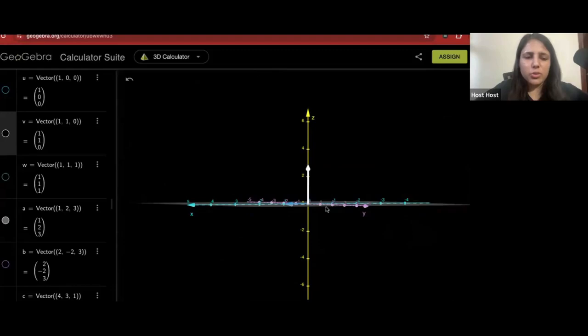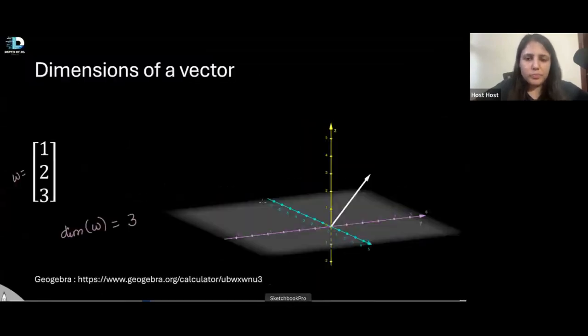I will share this link so you can play around with this. Do play around with this 3D visualization and try to understand these vectors more. I think this is very basic, and a lot of you must already know this, but still. Fine. So this is what a dimension 3 vector looks like.